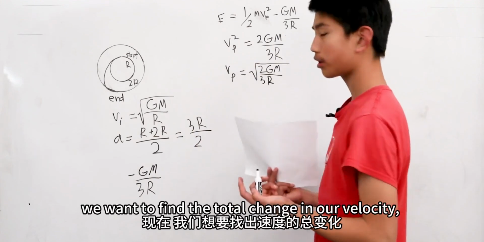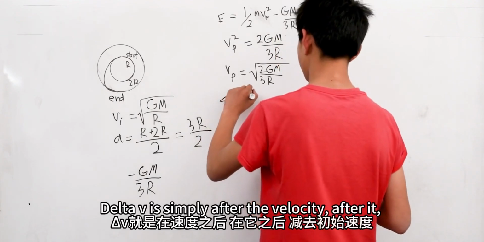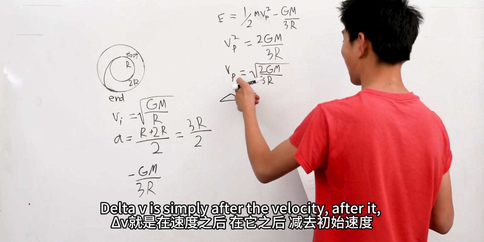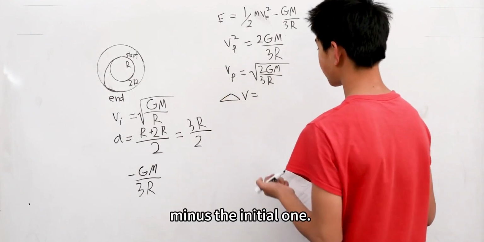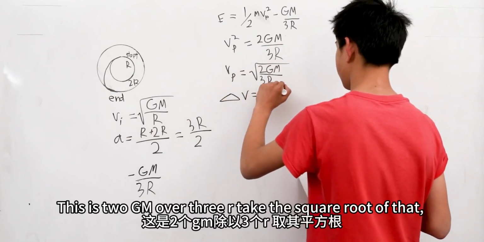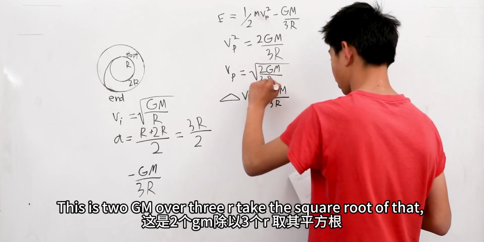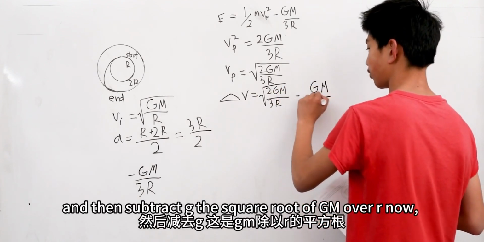Now we want to find the total change in our velocity, so delta v is simply the velocity after minus the initial one. So this is the square root of 2GM over 3r, minus the square root of GM over r.